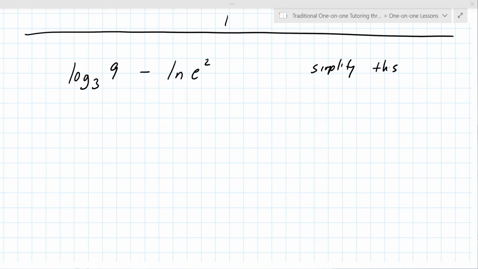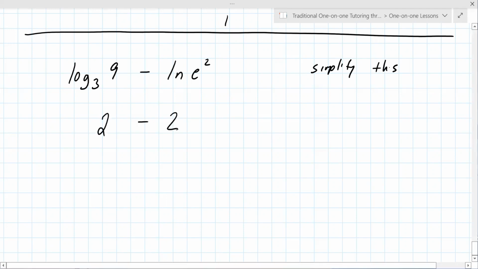Would it equal 0? Yes, this is 2 minus 2, which equals 0.